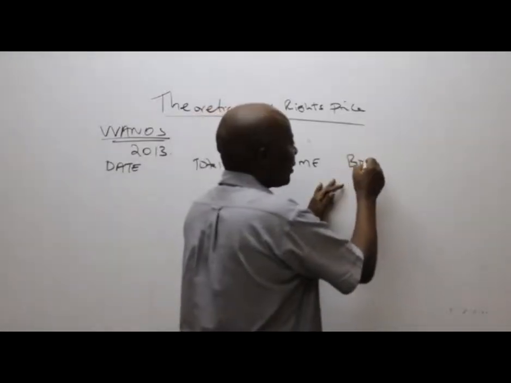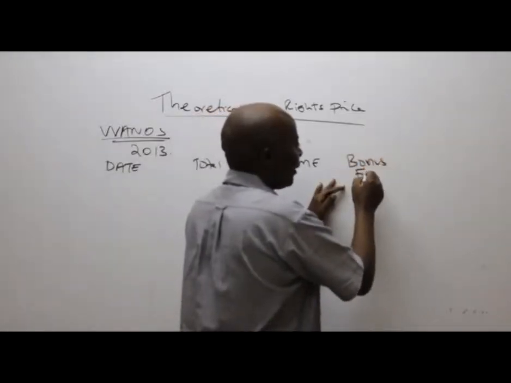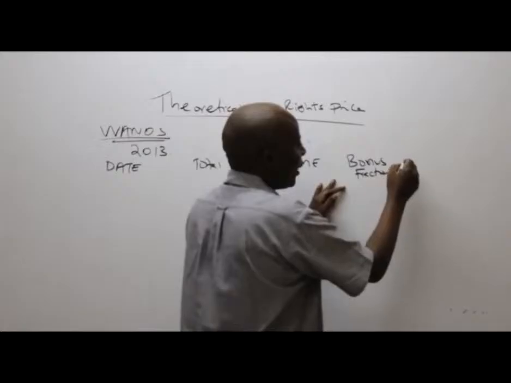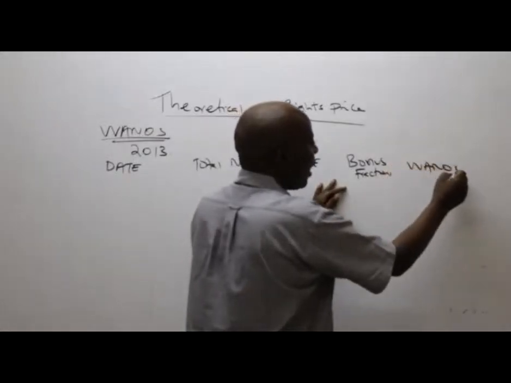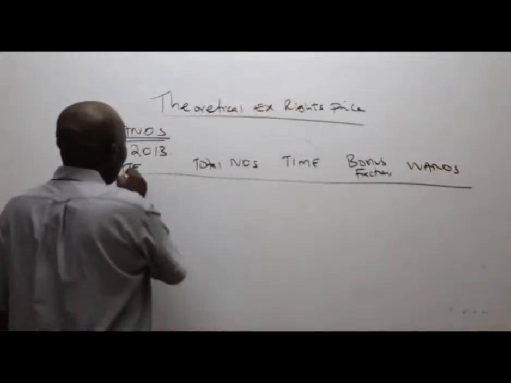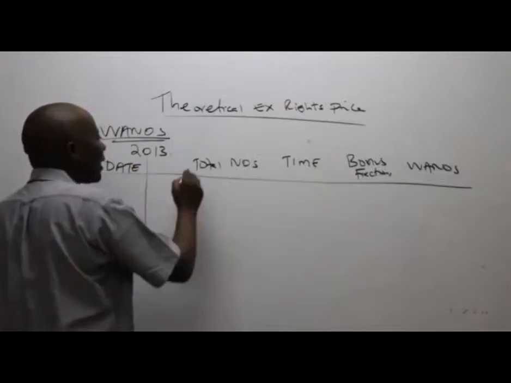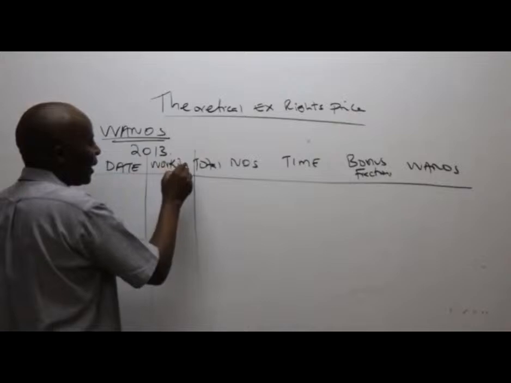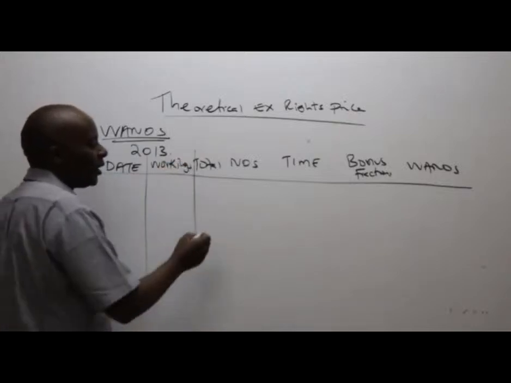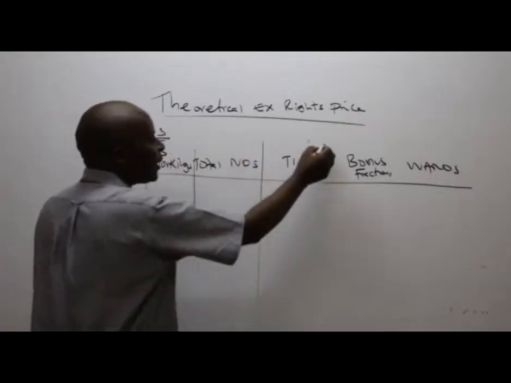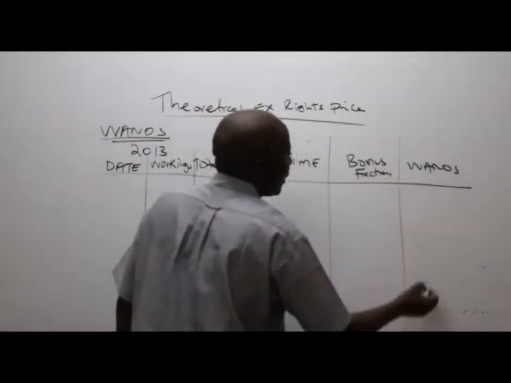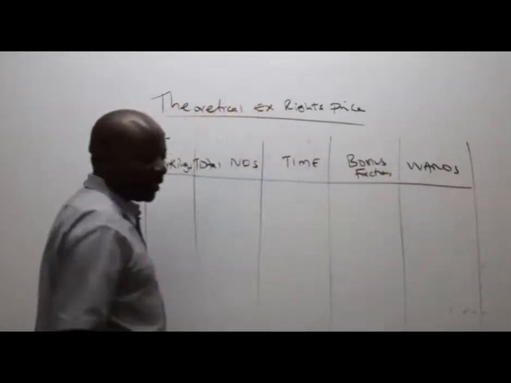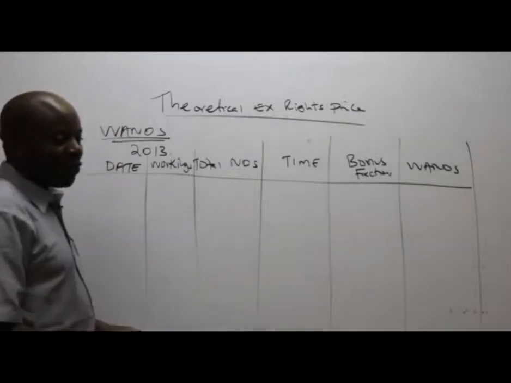We have the bonus or the rights fraction, isn't it? And then lastly, we have the one-os like that. Remember, you must isolate. Even if you want, you can also put workings in the middle there, which is still okay. So we have the total number of ordinary shares, we have time, we have bonus fraction, and then we have one-os.